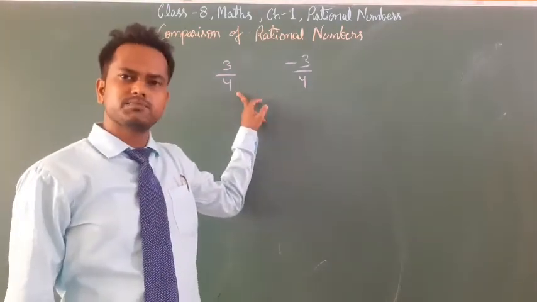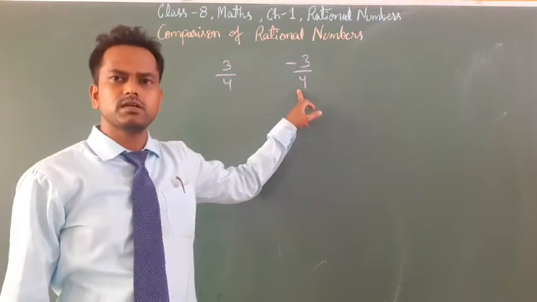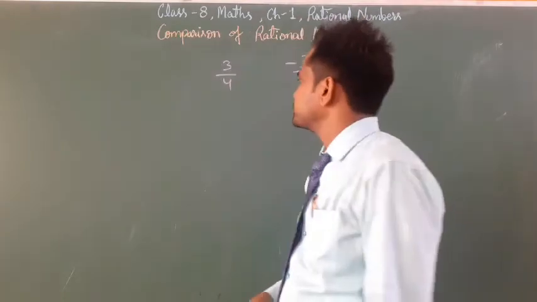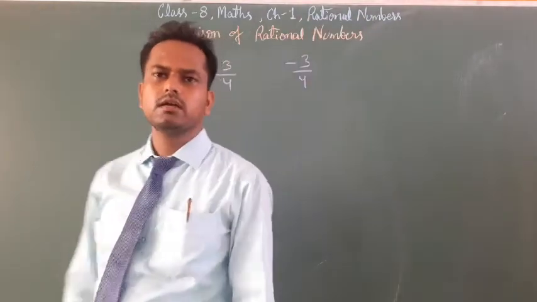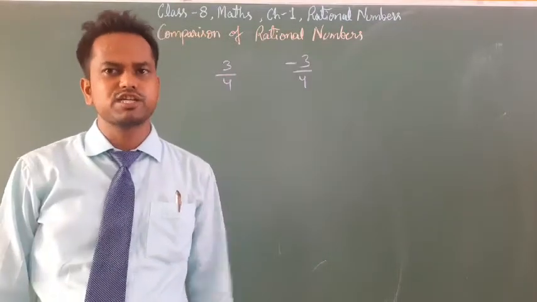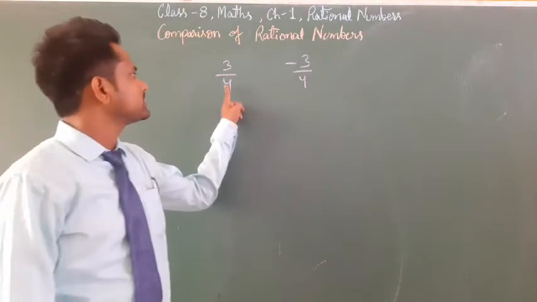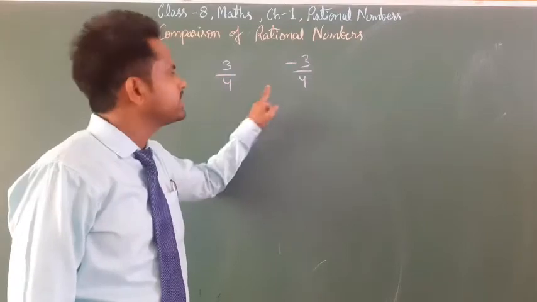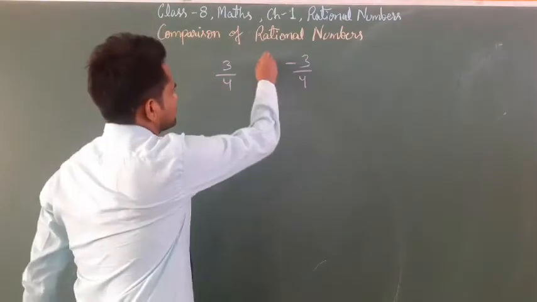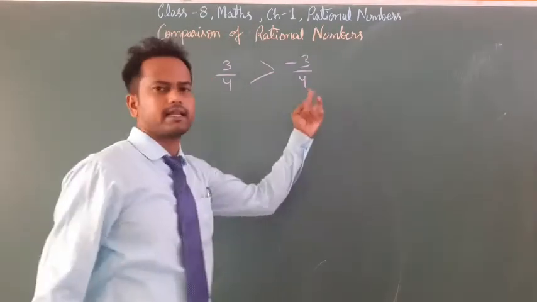This is a positive rational number and this is a negative rational number, and the rule is a positive rational number is always greater than a negative rational number. So 3 by 4 is greater than the negative rational number.